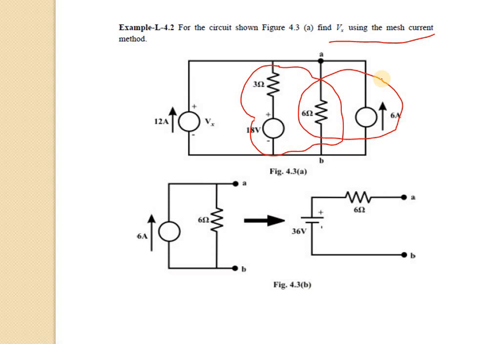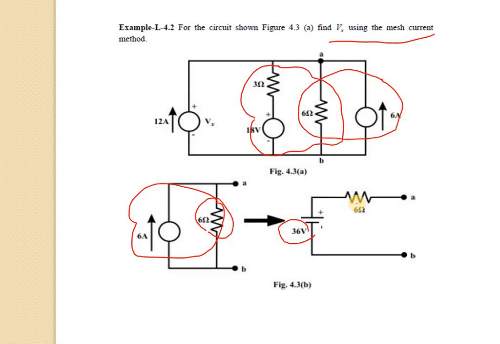That means this 6 ampere current source in parallel with 6 ohm. This part I have taken separately, and we will convert it to a voltage source. So what will be the value of the voltage source? 6 into 6, that is 36 volt, and this 6 ohm resistance will be connected in series. So this part has been changed.